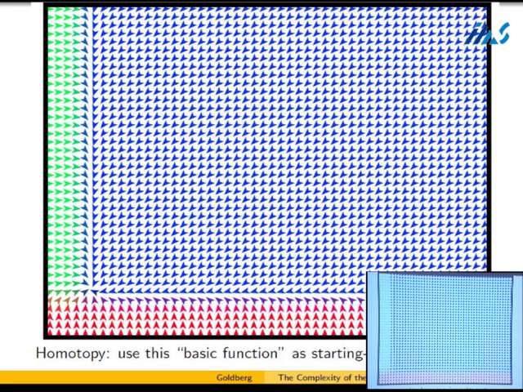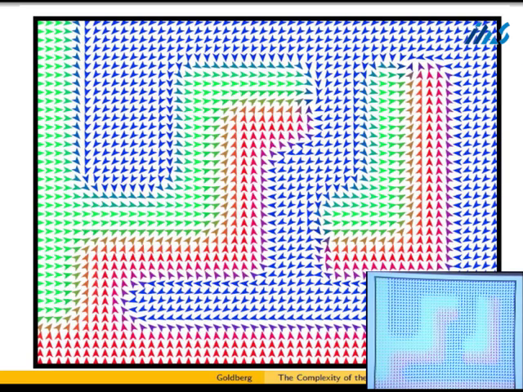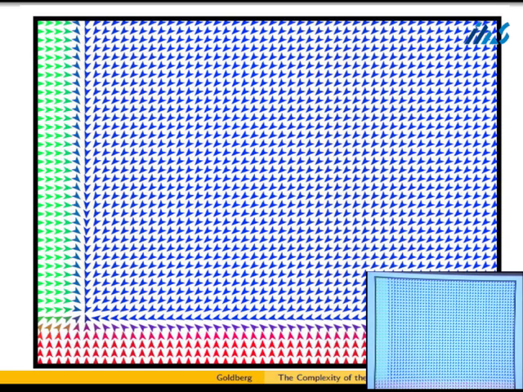This is done by just colouring the entire inside of this diagram blue, so it's the simplest possible function of this type. And what we envisage doing is finding a homotopy, a continuum of continuous functions that begins here and ends here. So what would such a thing look like? It would look like this.